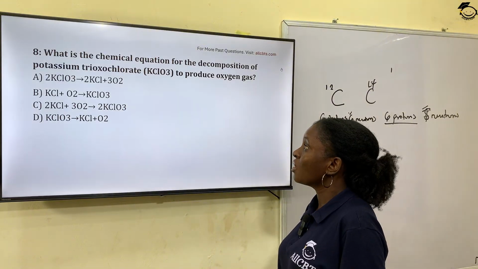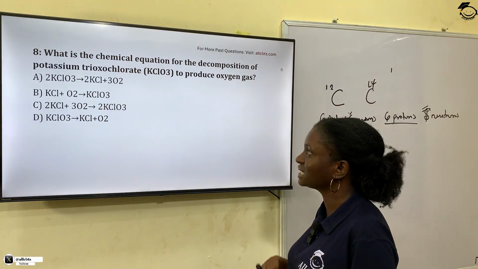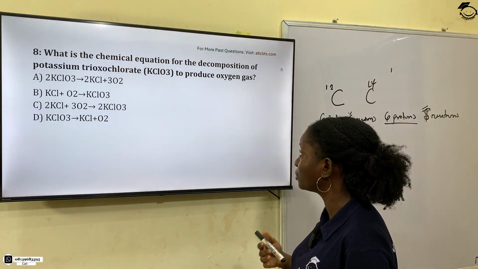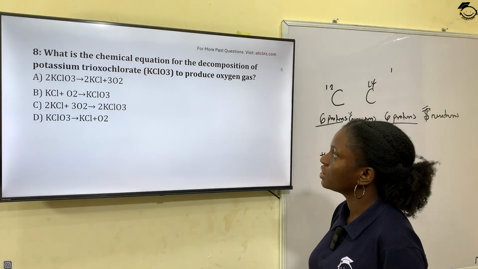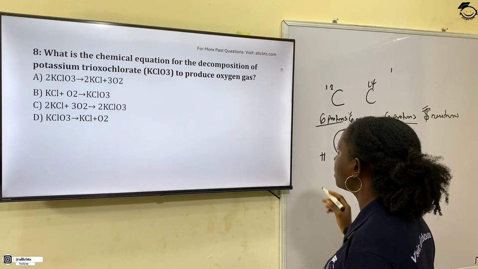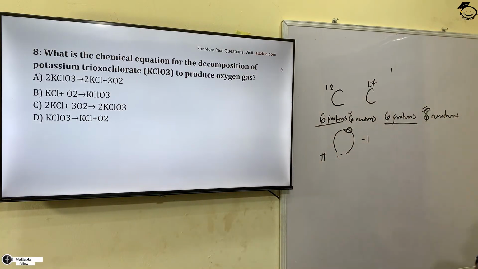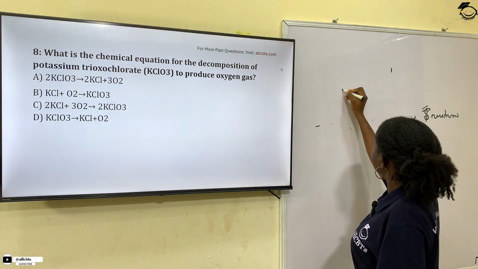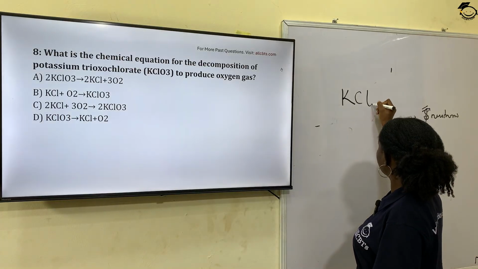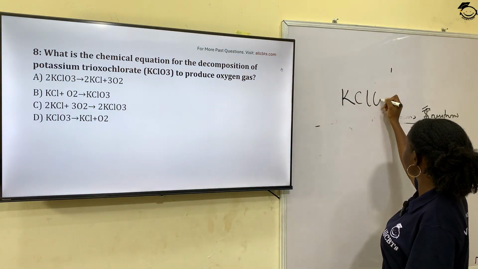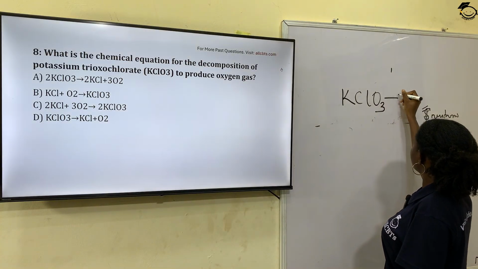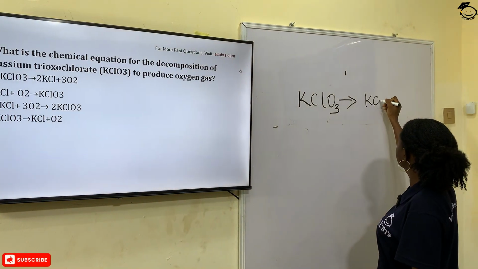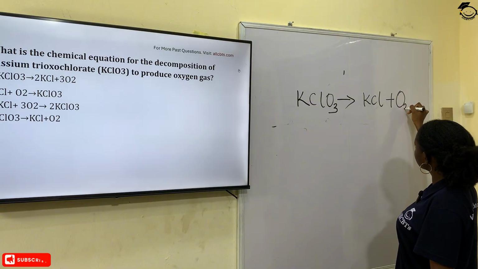Question 8. What is the chemical equation for the decomposition of potassium trioxochlorate to produce oxygen? So here is the equation. We are given potassium trioxochlorate will decompose to give potassium chloride plus oxygen.